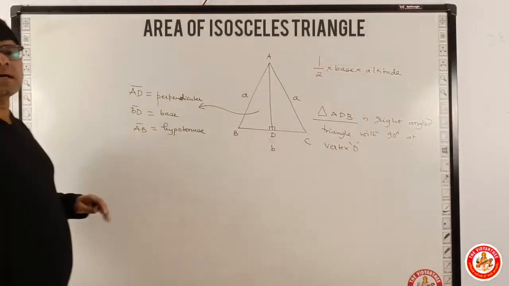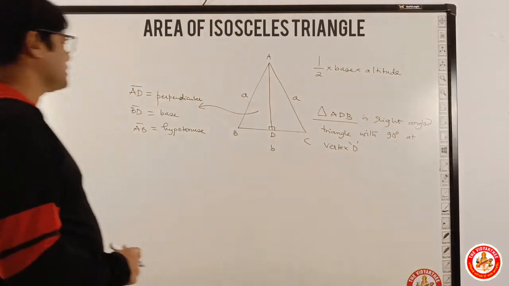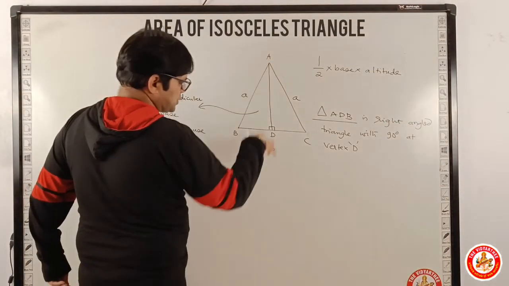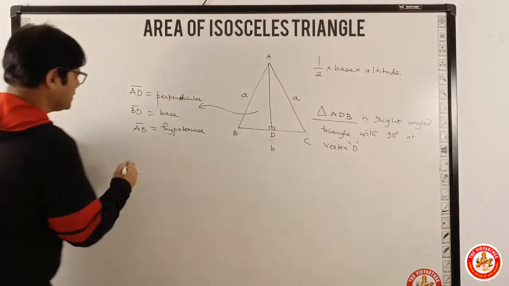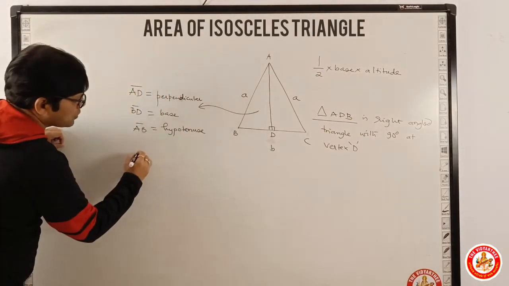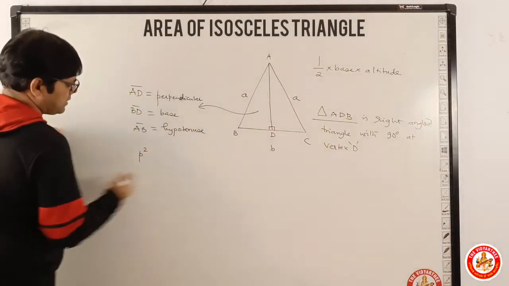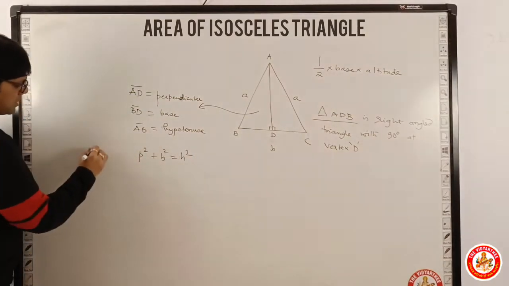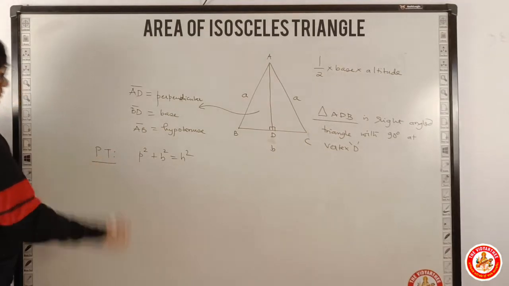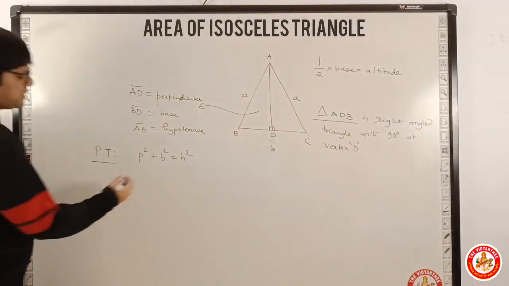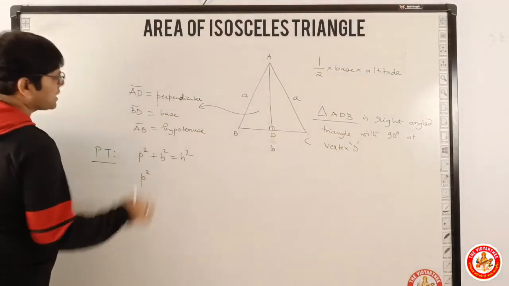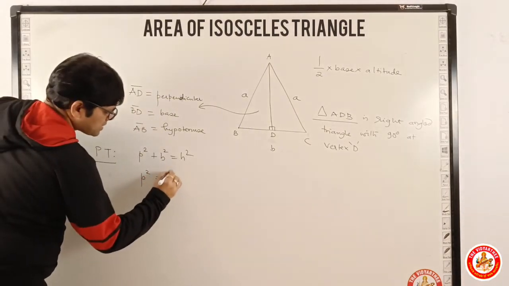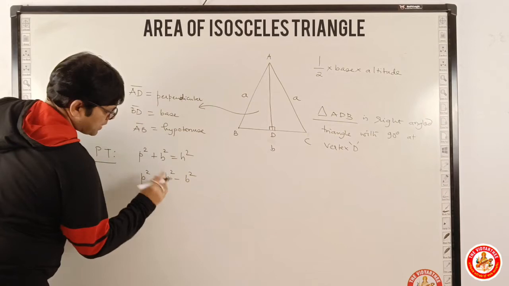So in order to understand how to calculate the altitude of this isosceles triangle, we use perpendicular square plus base square is equal to hypotenuse square. This is your Pythagoras theorem. Now here perpendicular square means it is AD square, which is also equal to h square minus base square.